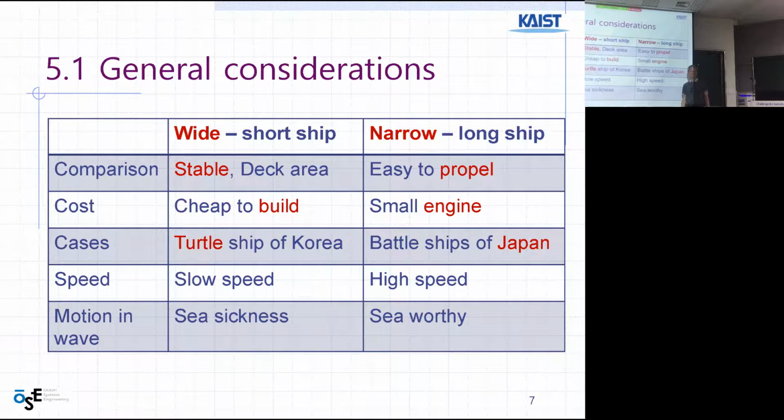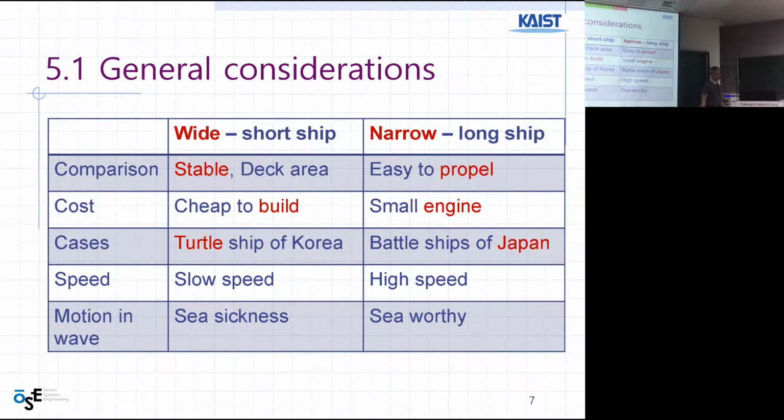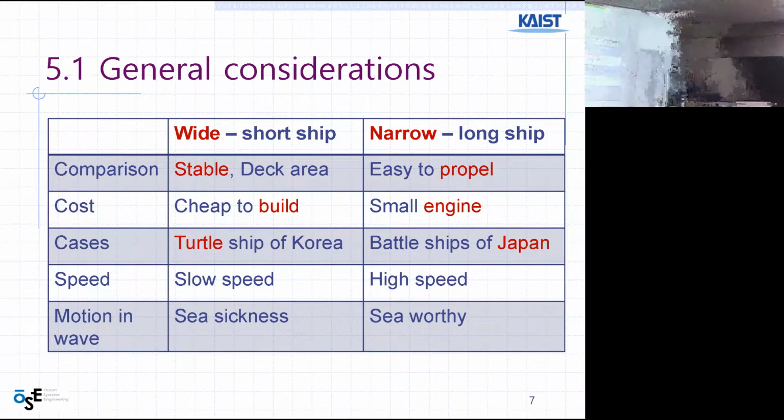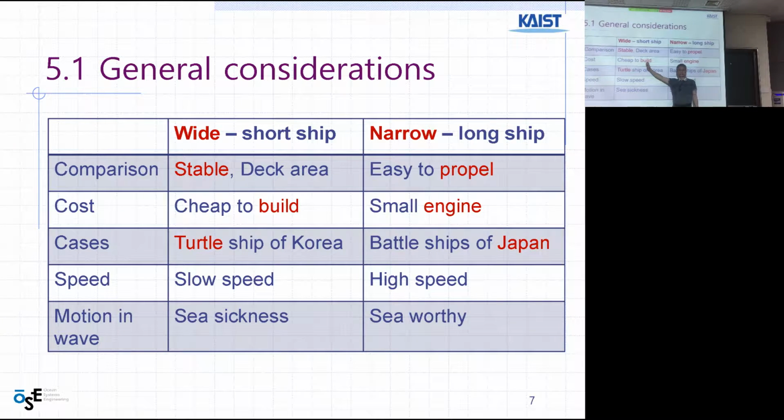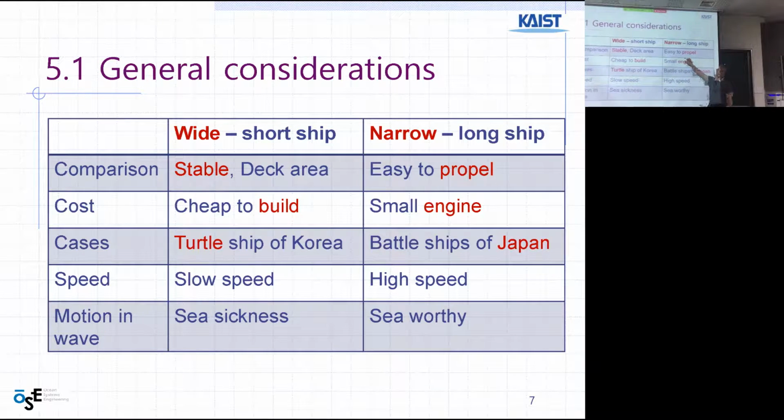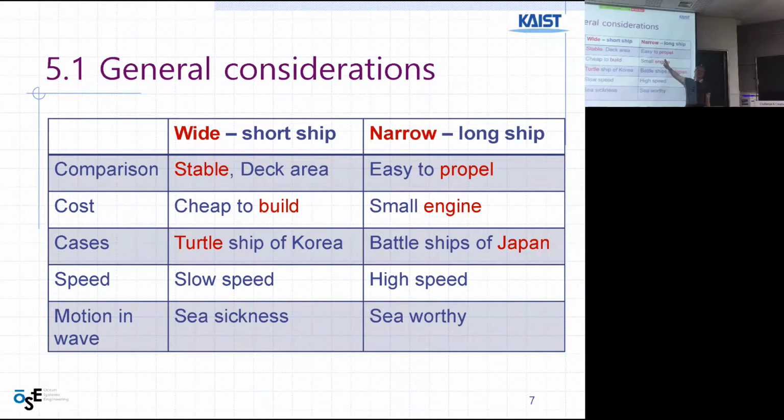But the result of the battle was different. Why? There is another story there. But anyway, this ship is intended to be used near the coastline, so they don't need a slender body. This one, they needed to come to Korea, and the distance between Japan and Korea is not far, but the sea was rough between them.